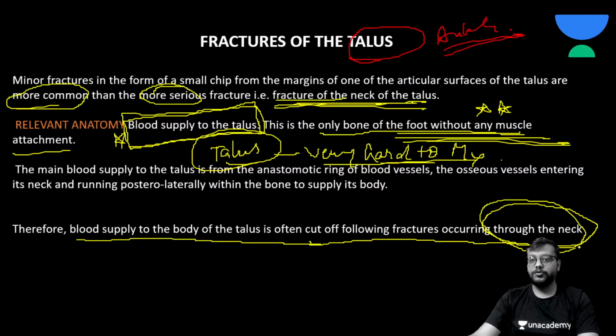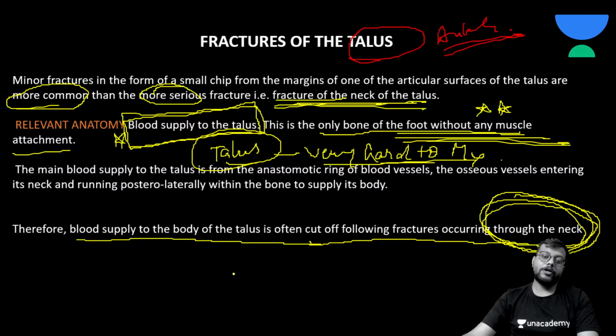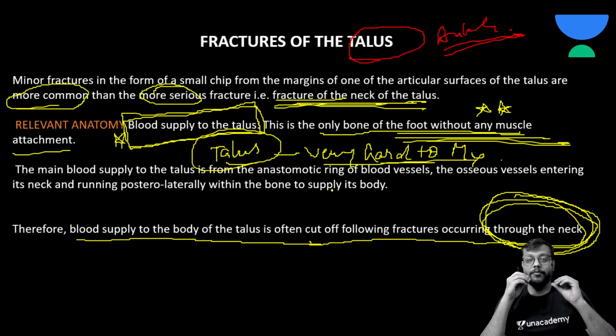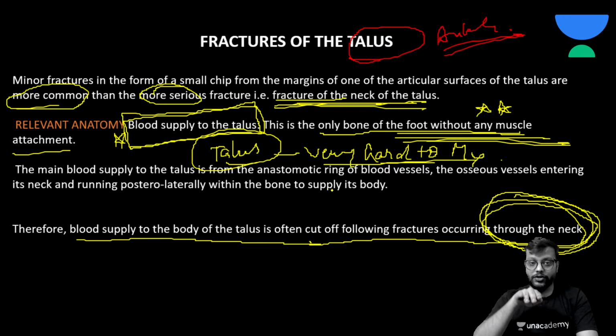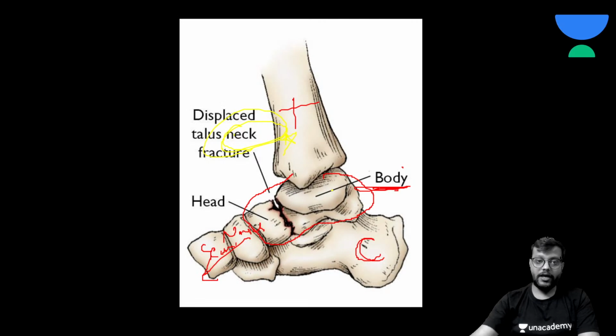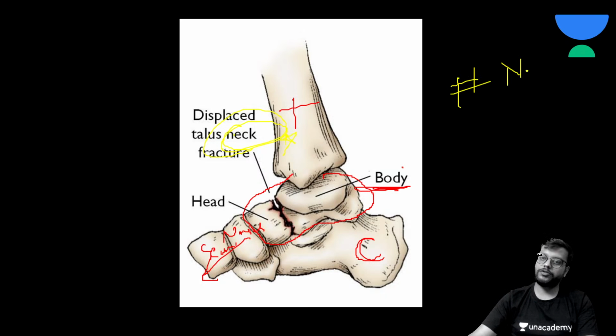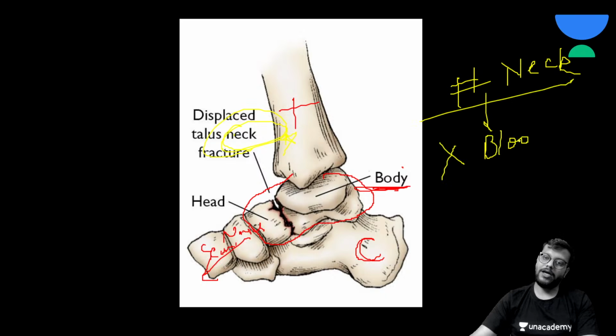Now neck fractures most serious क्यों होता है, क्योंकि neck fractures will cut off the blood supply. And why? Because the main blood supply is due by the anastomosis, which is formed by the vessels which enter through the neck. Okay, so neck से ही अगर blood vessels ज़्यादातर आ रही है, so the fracture neck will be the most serious because it will hamper the blood supply of the talus.